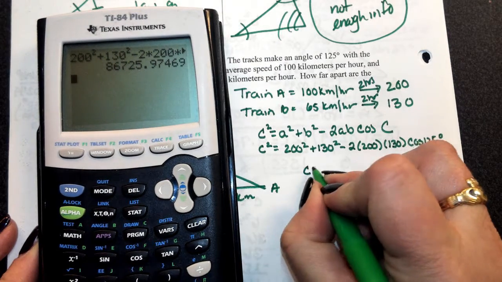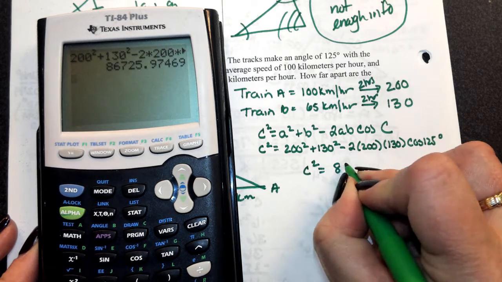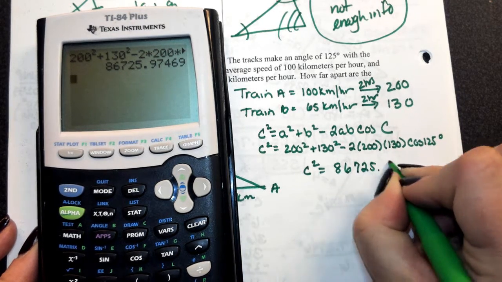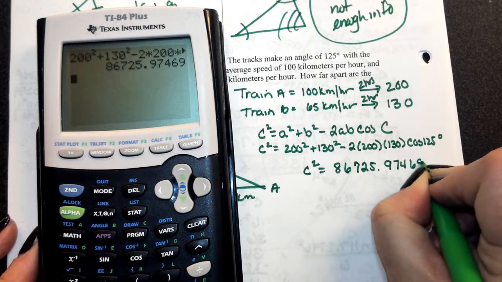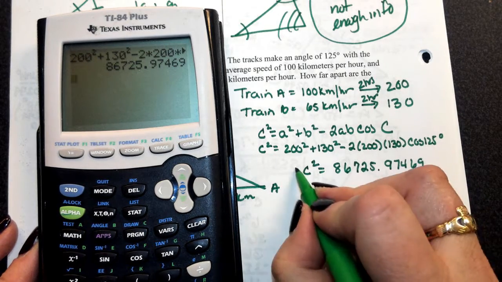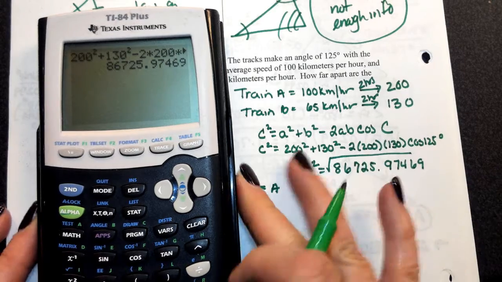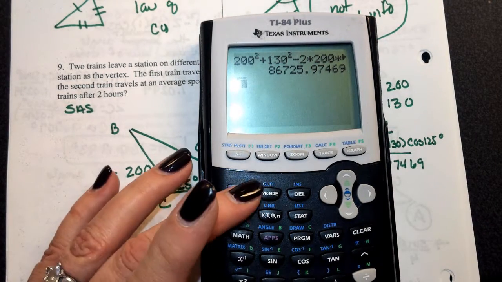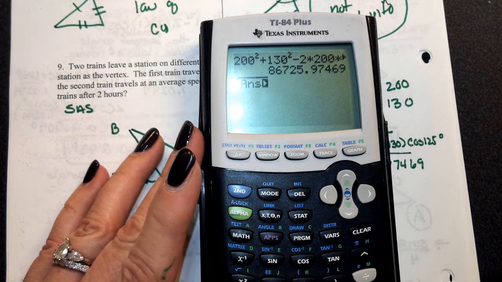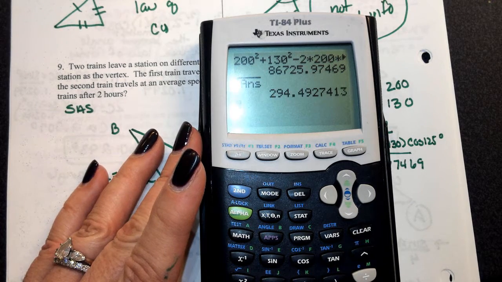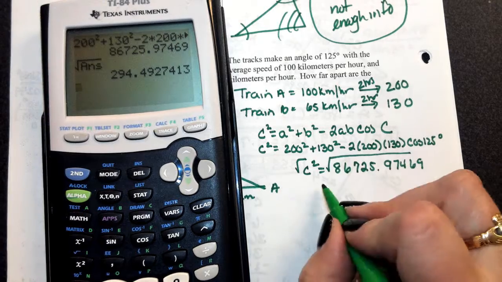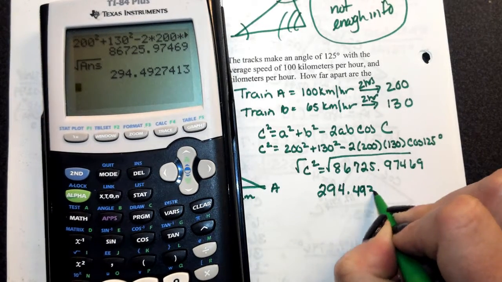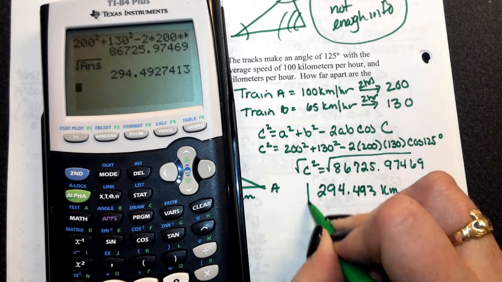So I end up with C squared is equal to 86,725.97469. Don't forget you need to take the square root of that number, so it's already in your calculator, so hit your second square root, hit that second answer. So the trains are going to be 294.493 kilometers away from each other.